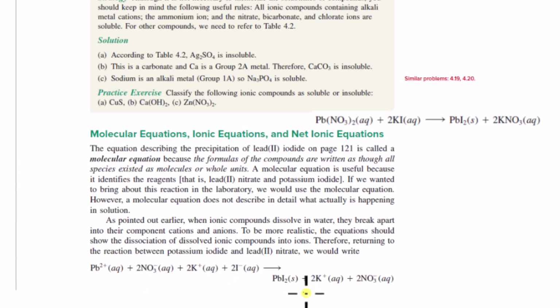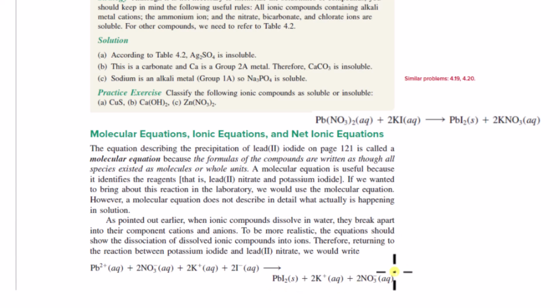This is a more realistic picture of what's happening, right? Now, the disadvantage is, in particular from the reactant side, you can't see exactly how the initial reaction was created. What were the starting substances? You can't tell, right? It could be lead-2 iodide to start with. You don't know. All right.